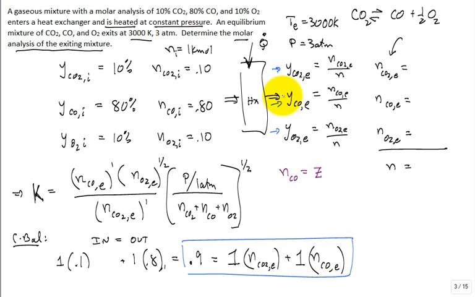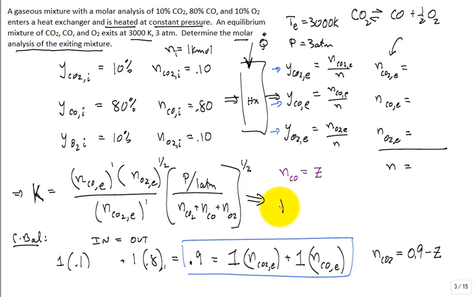So this equation right here can be rewritten as the number of moles of CO2 exiting is equal to 0.9 minus Z. So anytime I see the number of moles of CO2 exiting, I can substitute. So this equation here, I'm going to rewrite to get 1 equation with 1 unknown.